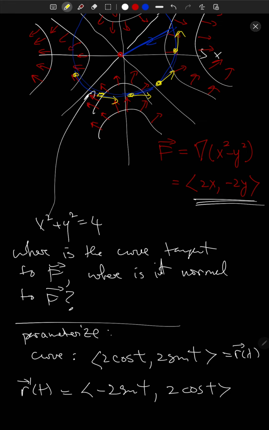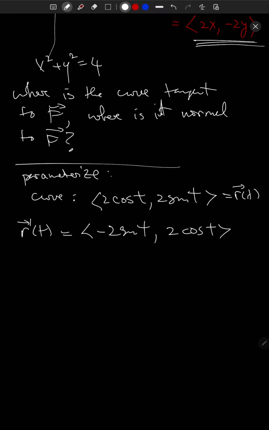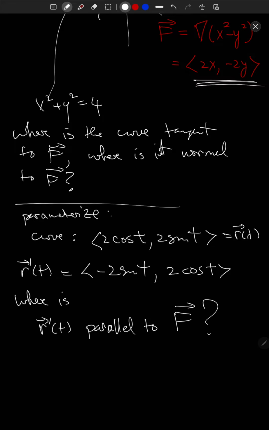Okay, so the question of where is our vector field tangent to the curve is just asking where is r prime of t parallel to F, let me call it just capital F. All right. So this is the question of tangent.